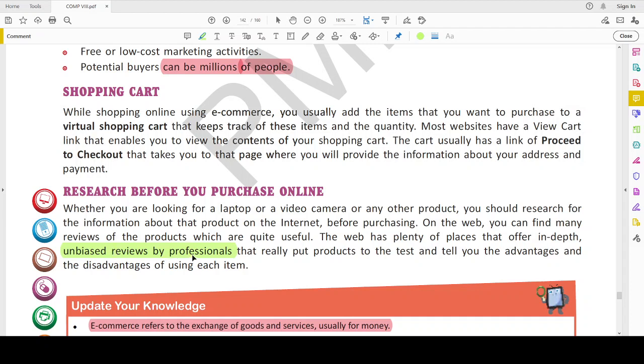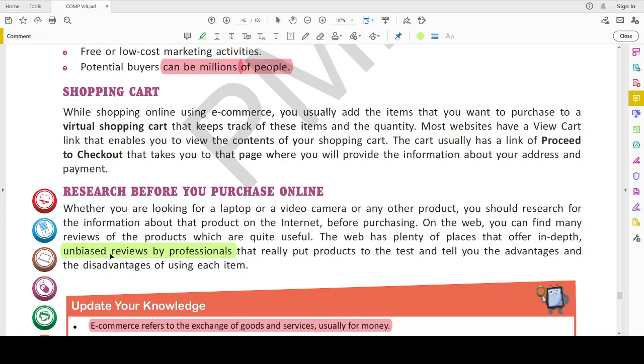By the professionals, it's not possible to get a feedback or get a review by the professionals. Only the marketing people will tell you about the product, whatever has been asked by their supervisors, however they have instructed them, they will give you the description of the product accordingly. But that may not be an unbiased one.